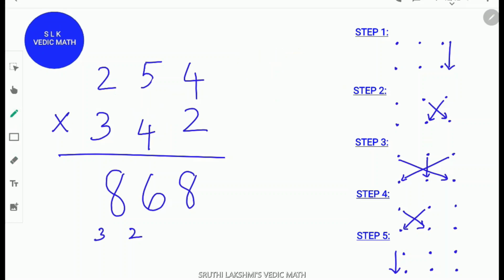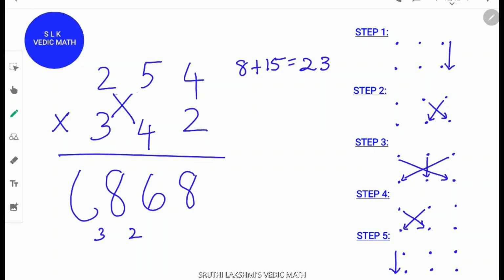Next, cross multiply these two numbers. So 2 times 4 plus 3 times 5. 2 times 4 is 8 and 3 times 5 is 15. So 8 plus 15 is 23. And don't forget the carry 3. So 23 plus 3 is 26.